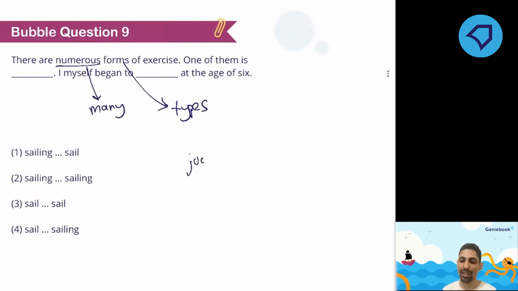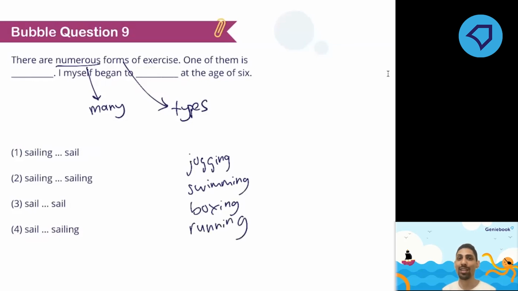You have jogging, you have swimming, you have boxing, you have planking. No, that's not planking. That's not a sport. That's lame. What else do you have? Running. I'm giving you a hint. You see all these words have something in common. If you are alert, you would see the pattern and you would know 2 options are definitely out.